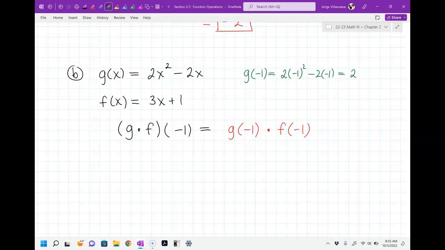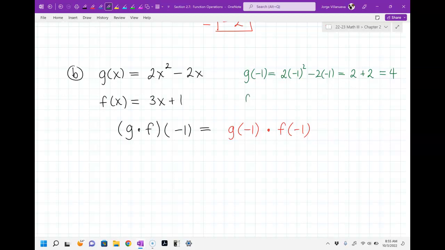And then negative 2 times negative 1 is a positive 2. So your answer for g of negative 1 is 4. And again, use a calculator if you have to. I mean, these numbers aren't so extreme that you have to use a calculator. If you want to, go ahead.